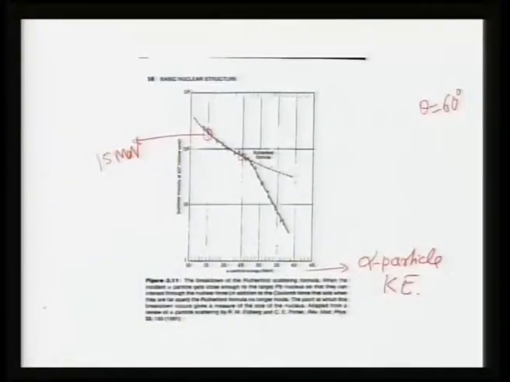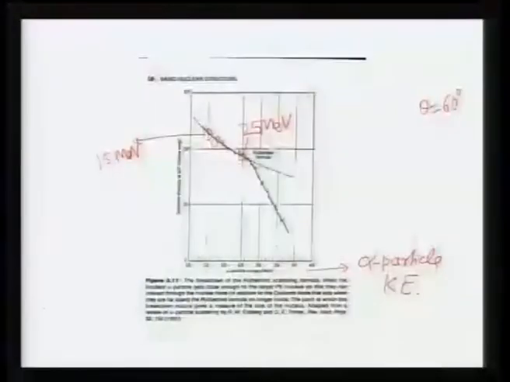At 15 MeV, alpha particles are sent on this target, and at 60 degrees we count how many alpha particles are received in a particular time. Then the experiment is changed, say here it is 25 MeV. In this experiment alpha particles of 25 MeV are sent on the target, and at the same angle of 60 degrees we count how many particles are received in the same amount of time. That is plotted here.